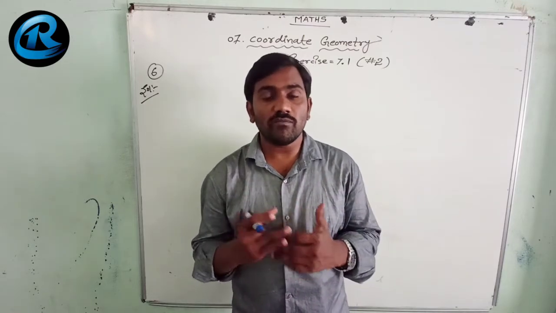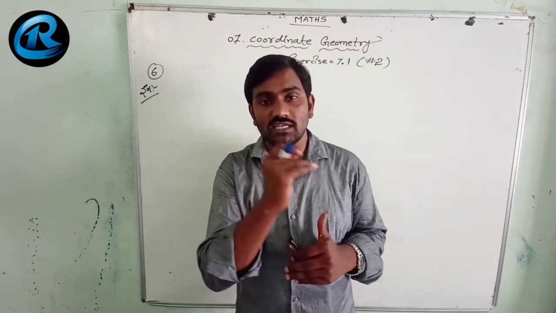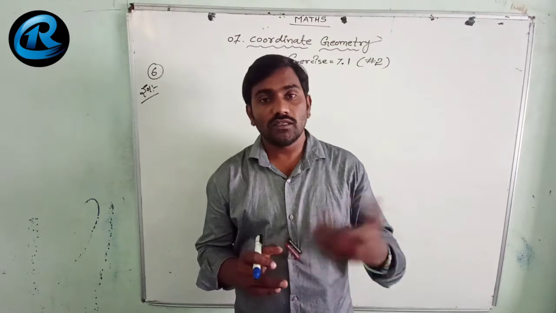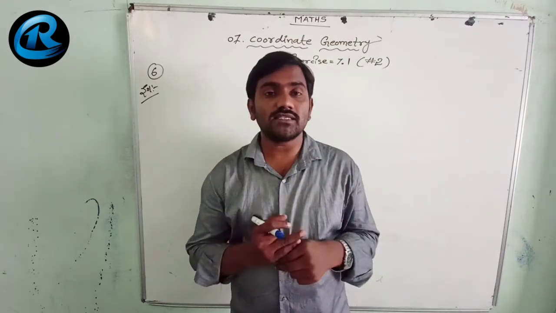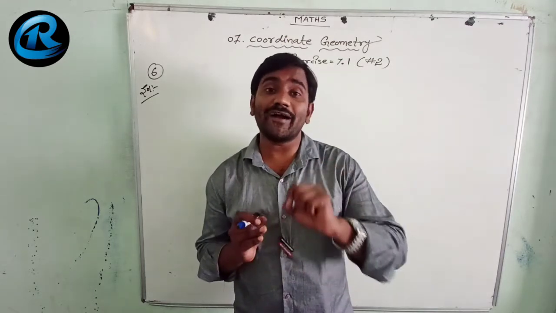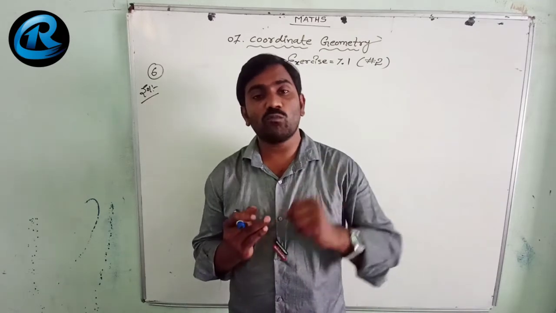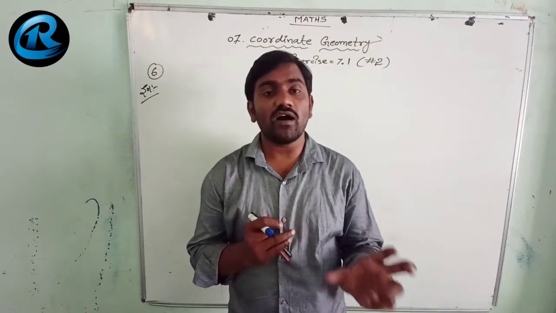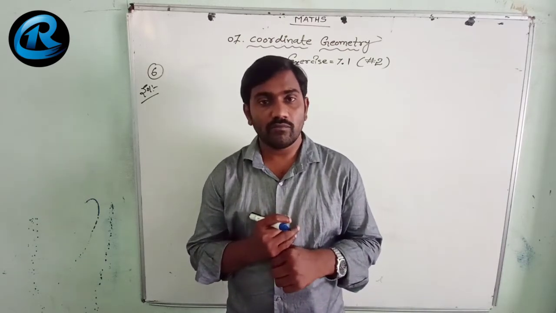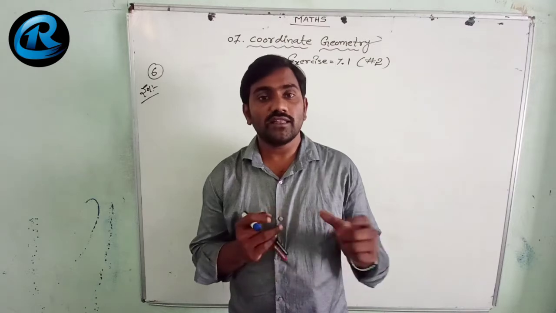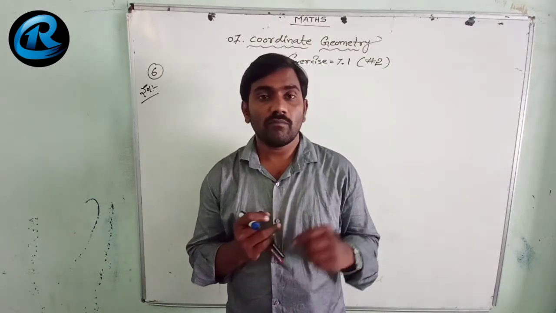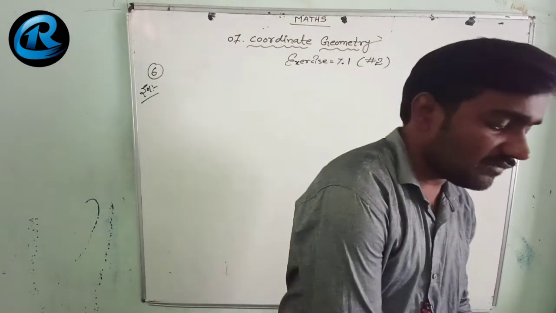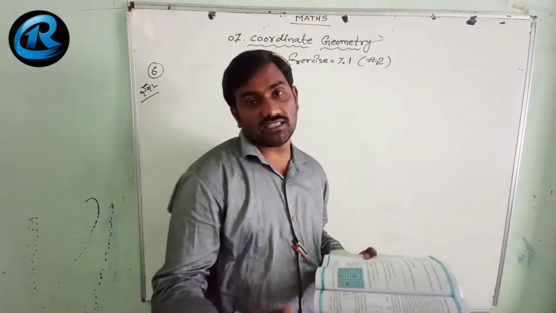One method is to show opposite sides are equal and diagonals are not equal. The other method is using the midpoint theorem. The midpoint theorem formula you will get in the next exercise.